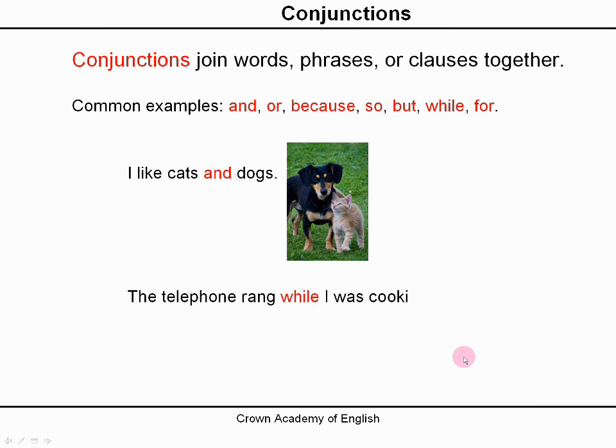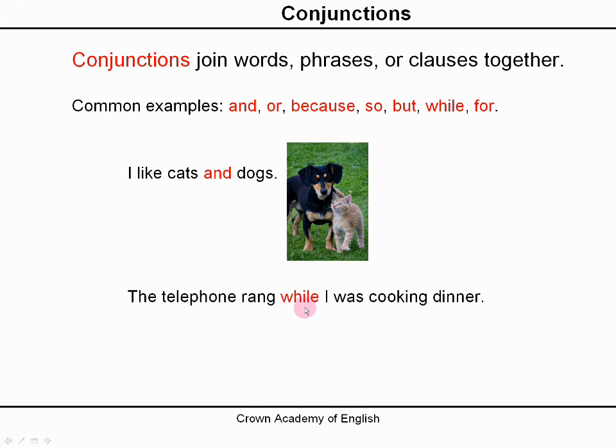The telephone rang while I was cooking dinner. So here we have two clauses. The telephone rang. I was cooking dinner. And the conjunction while, it joins these two clauses together because we don't want to make separate sentences, because the two clauses are related in time.